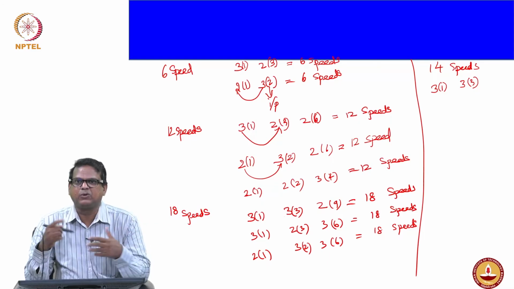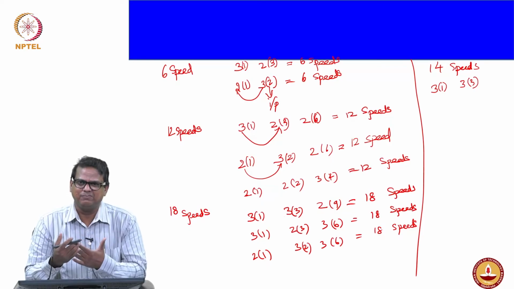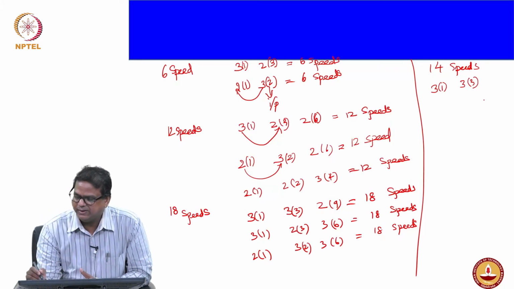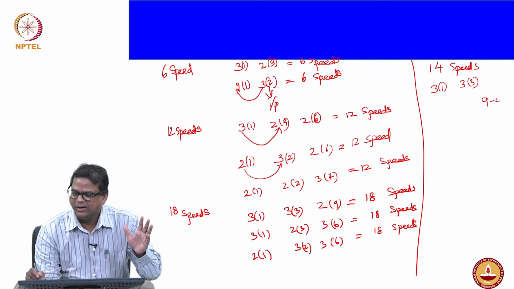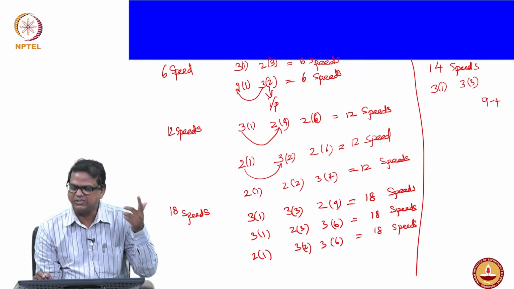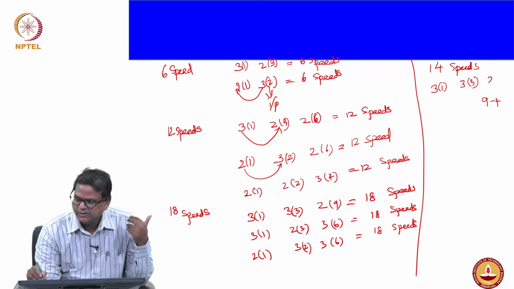The 9 should go as inputs to the third stage, right, but I need only 14 speeds. So what I can do, because it's a structural formula for 18 speeds, if I subtract 4, I would expect 14 speeds. 9 minus 4 should give me 5.